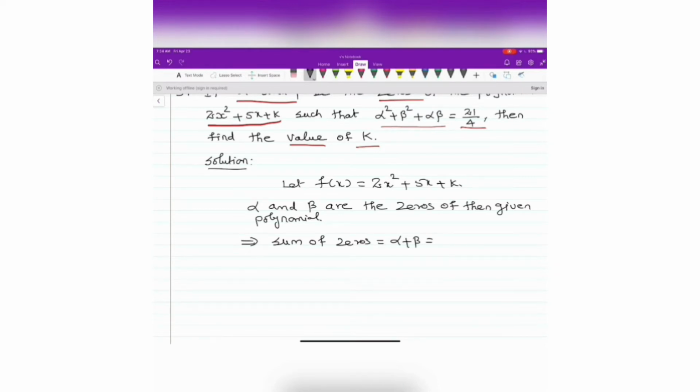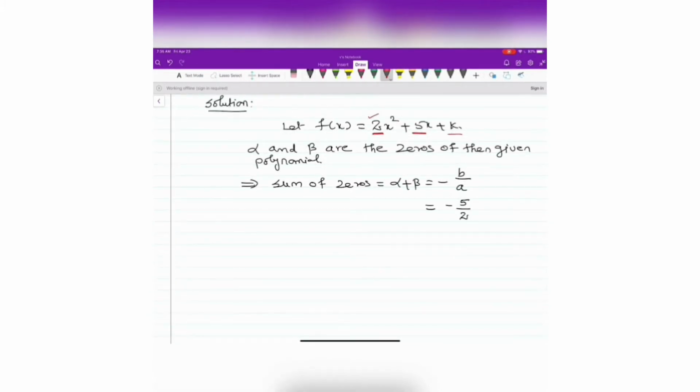You can write it that way, or even you can write minus b by a, which is nothing but, if you see the given question, the coefficient b is nothing but coefficient of x, which is 5, and a is coefficient of x square, which is nothing but 2. So I can write this as minus 5 by 2. Okay. Let me name alpha plus beta is equal to minus 5 by 2 as 1.